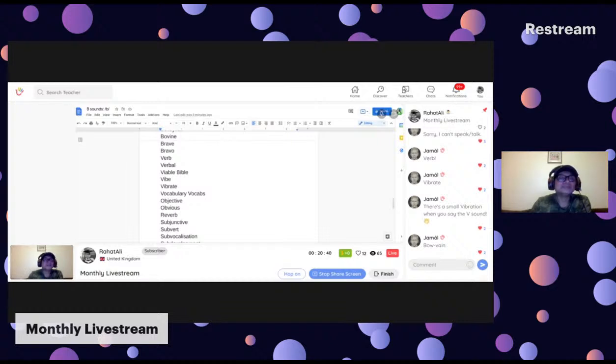What does it mean? Reverberate. If a loud, deep sound reverberates, it continues to be heard around an area so that the area seems to shake. Okay, so reverb means when you make a sound and people can understand from the sound. And there is another one, reverberate.